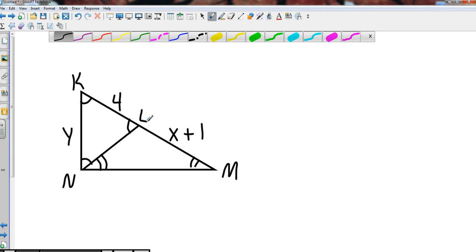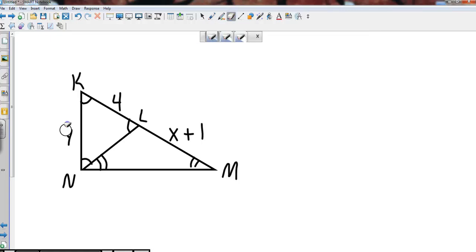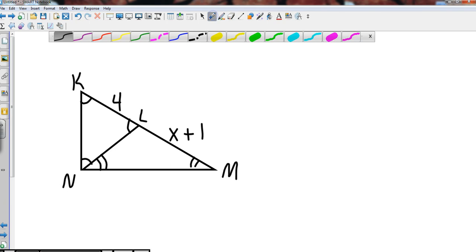What kind of triangle is KLN? It's equilateral, right? Because all of the angles are the same, which means every side is equal to what? 4. So I could erase this, and that's now 4. So y equals 4, and this side is 4 as well.